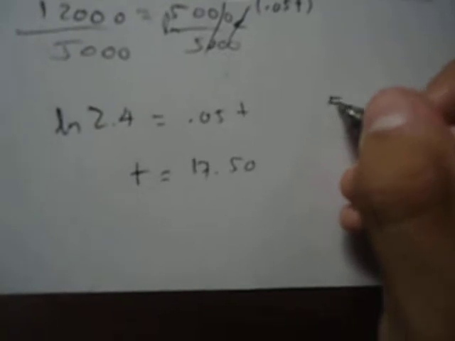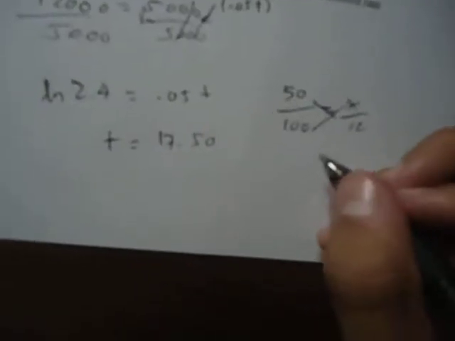To do that, we set up this proportion: 50 over 100 is equal to x over 12. 50 times 12 is equal to 600, divided by 100. That gives us x is equal to 6. That means it's going to take 17 years and 6 months for D. Rose to reach $12,000 with an interest rate of 5%. And that is WPP number 5.